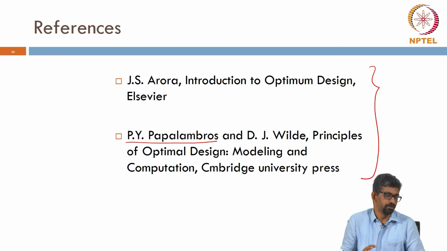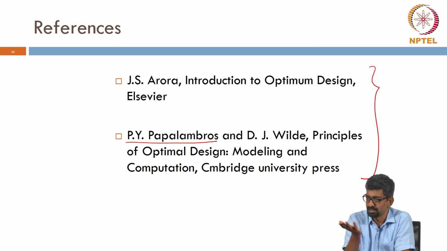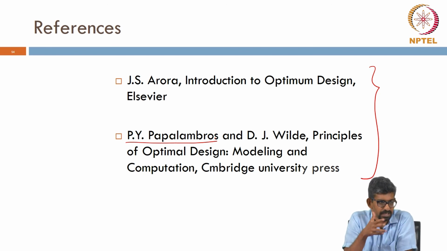But these two give you a very good introduction, and also there are a lot of other books like Chandrupatla and Belegundu. Ashok Belegundu from Penn State is a very good book. And of course, our evergreen Kalyanmoy Deb is there, but he uses a different set of example problems. So, you can buy anything, I suggest these two.